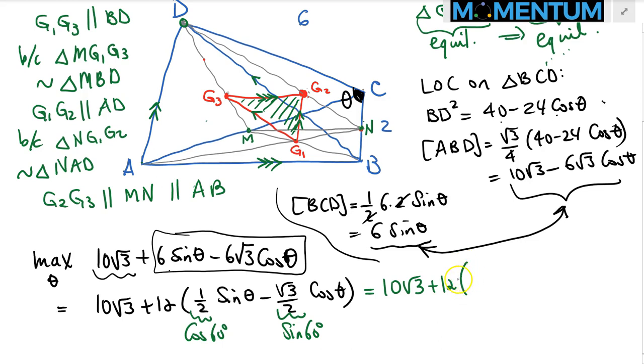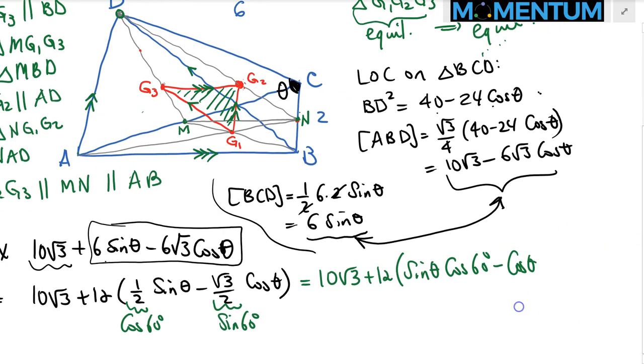And let's see if that rings any bell. Huh? So let me write it the other way around. It's sine theta times cosine of 60 degrees minus cosine of theta times sine of 60 degrees. But then this is just the sine summation formula, sine of a difference, I should say, because there's a minus here: sine of theta minus 60 degrees.